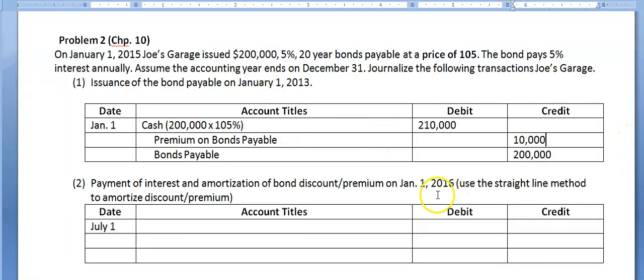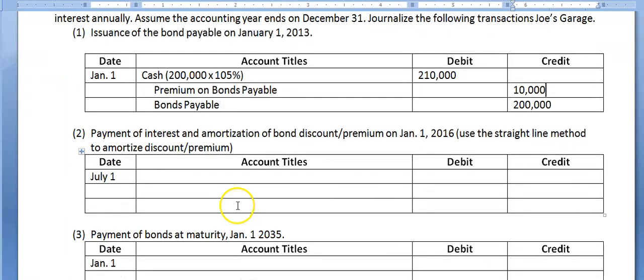1 year from now, January 1st, 2016, it's time to make the cash interest payment. Let's do the cash first. The P, or principal, times the interest rate, times the time factor, and that gives us the same amount of interest as in the situation in problem 1. We want to amortize a bit of this premium, though.